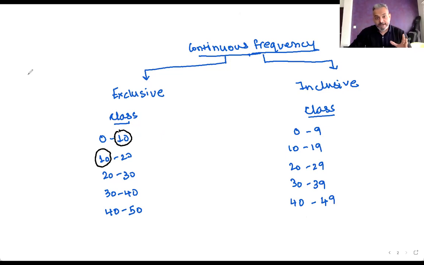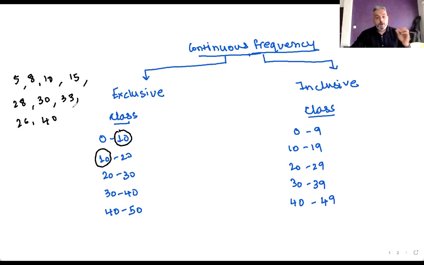So if you have data, say you have 5, 8, 10, 15, 28, 30, 33, 26, 40. Now, if you have data like this, 5, tally mark over here, 8, tally mark over here. But what about this 10?